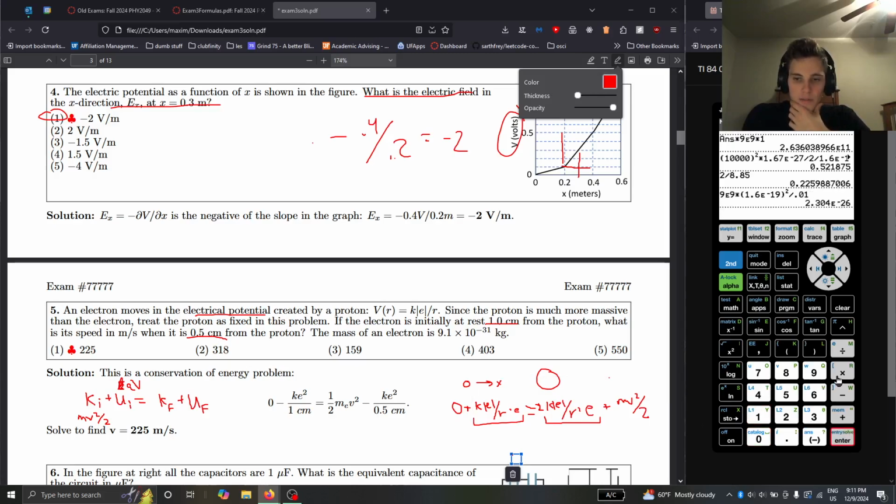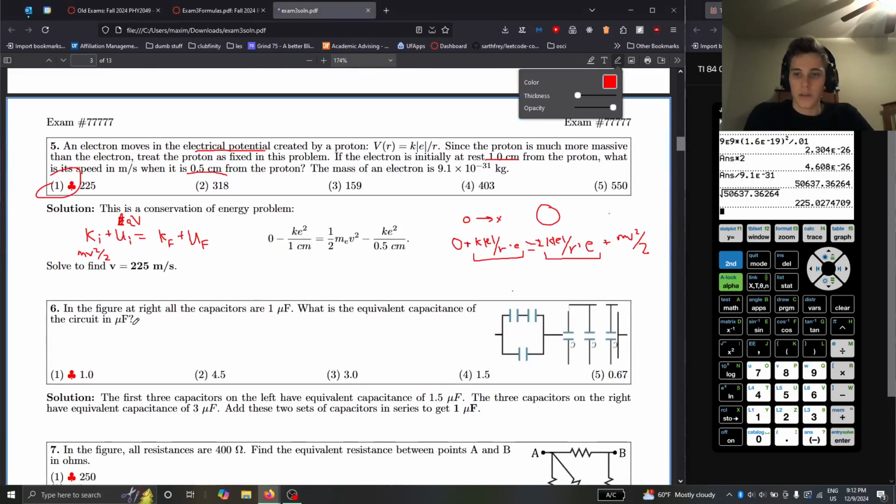All right, and again, we're trying to solve for this, so we'll multiply by 2. We'll divide by the mass here, and we'll square root. And we get 225. Perfect. Okay, sweet. This one got a little screwed up.